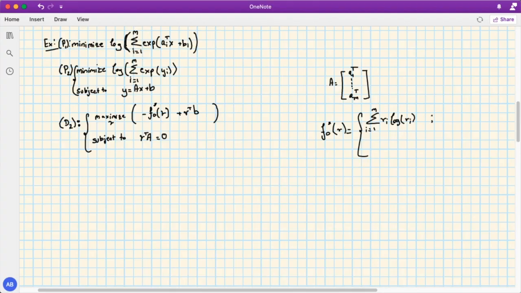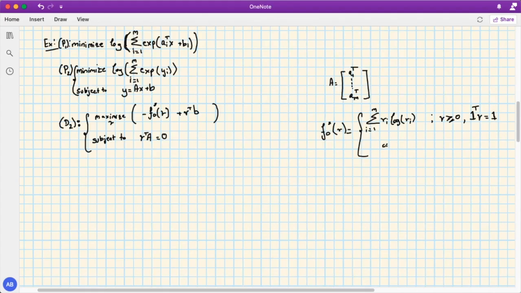under two conditions. The first one is that nu is entry-wise positive, which makes sense because we've got a log of something. And the second is that all my nus should sum up to 1, that is, 1 transpose nu is 1.